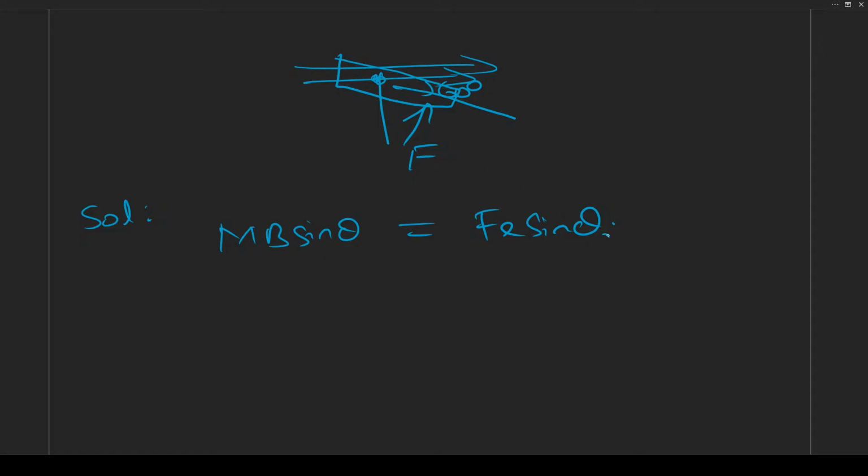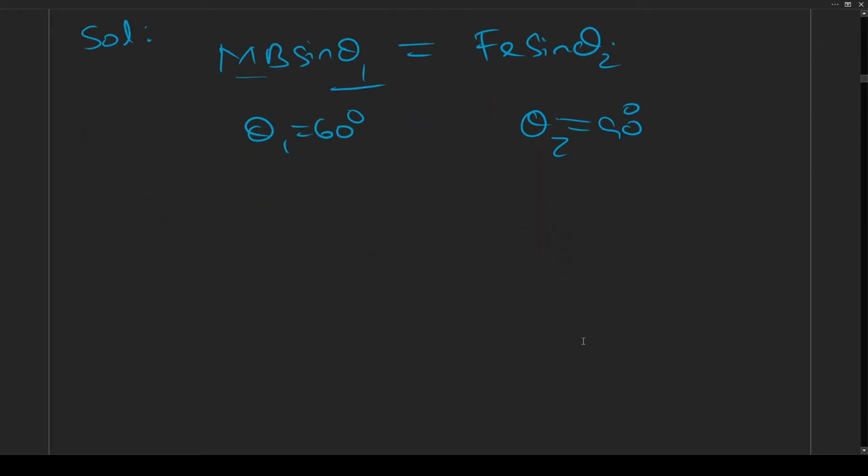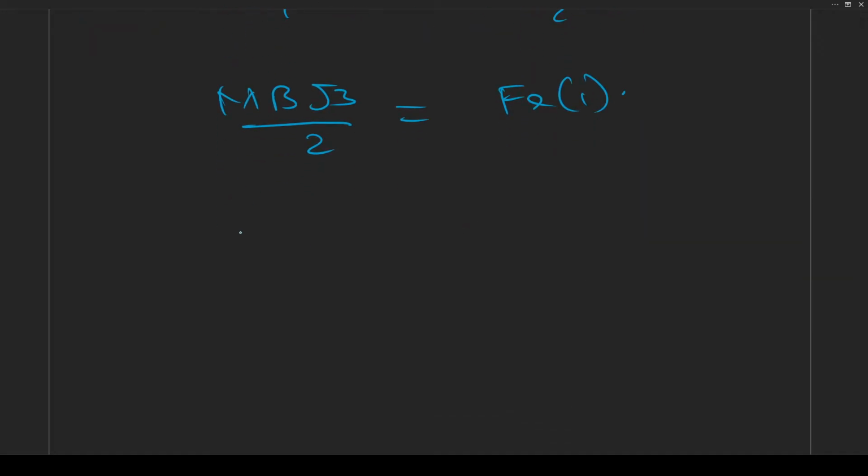Here theta 1 is 60 degrees, the angle between magnetic field and magnetic moment. Since they gave it as perpendicular, theta 2 is equal to 90 degrees. So mB root 3 by 2 is equal to F r times 1, and mB we can write as pole strength times r.